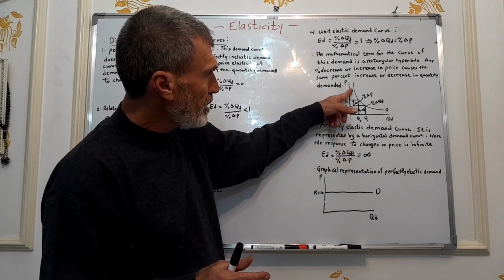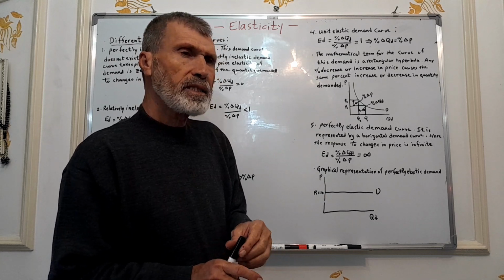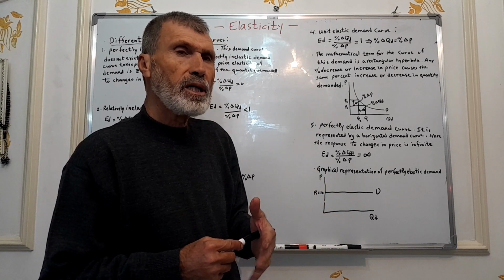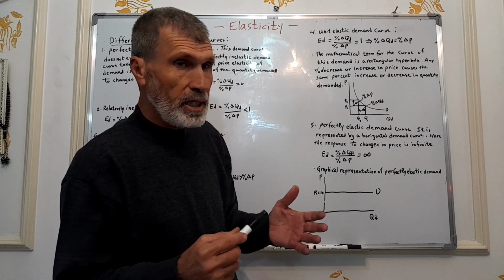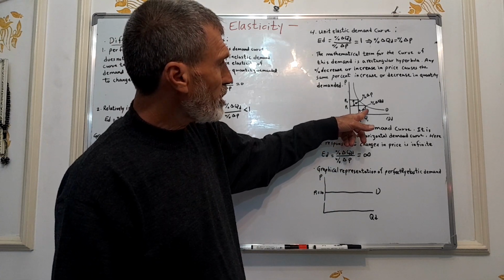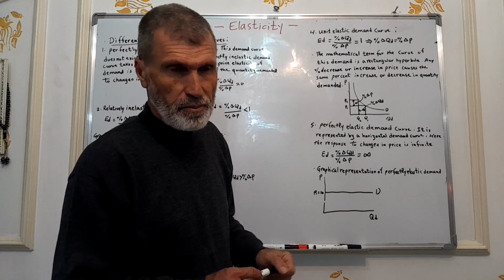As you can see, a rectangular hyperbola. This is the best demand curve to represent this type of demand, which is the unit elastic demand. As you can see here, the percentage change in quantity demanded is the same as the percentage change in the price.